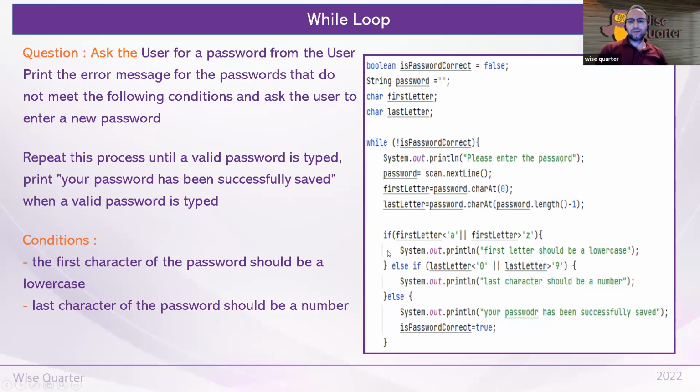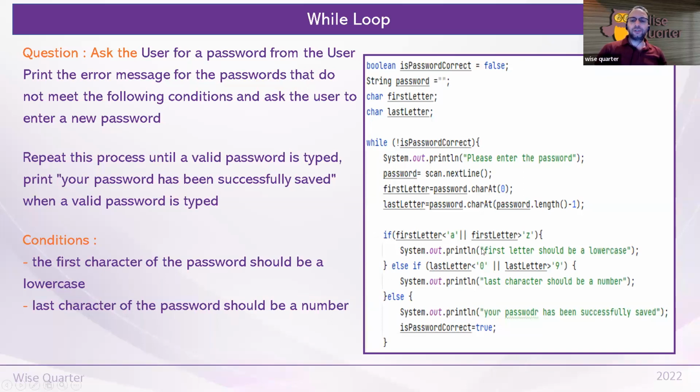Here, they have solved the problem by using a different approach. As I told you, I wanted to check each condition separately. But here, each condition is connected with the previous one. If this is true, this one will be checked.